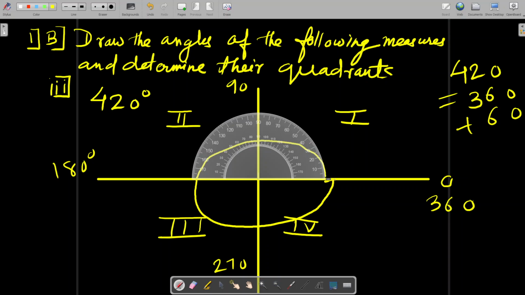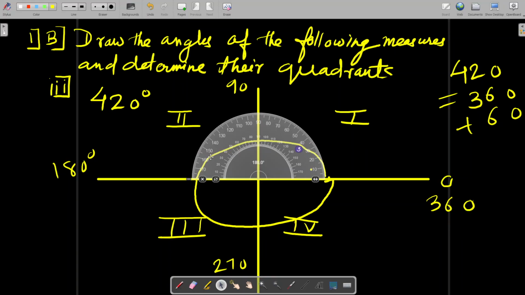So see here, if I start from here, this is 0, 10, 20, 30 up to 90. Here up till here it is 180.